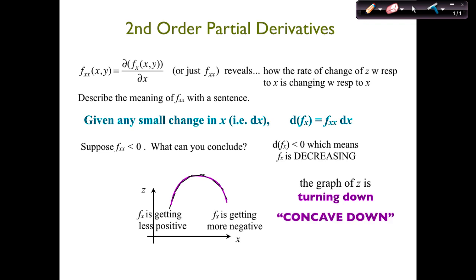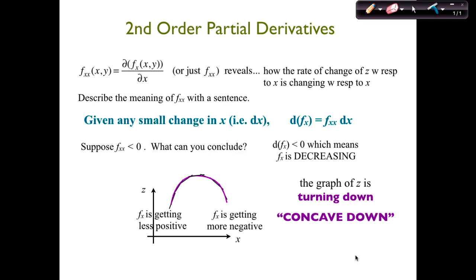And that's where concave down comes from. If the graph's turning down, then you get this concave down shape. Again, that's the least profound or meaningful thing to say, concave down. Much better is the rate is decreasing. It's getting less positive or more negative.